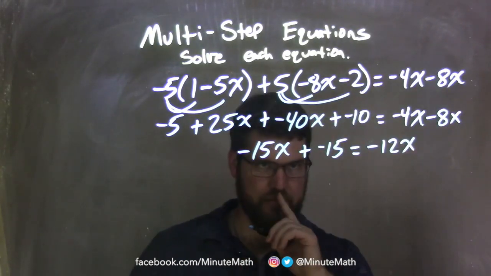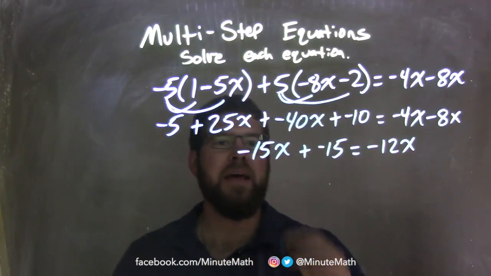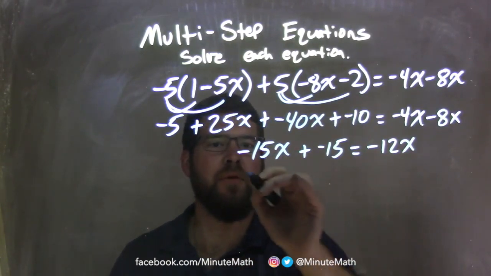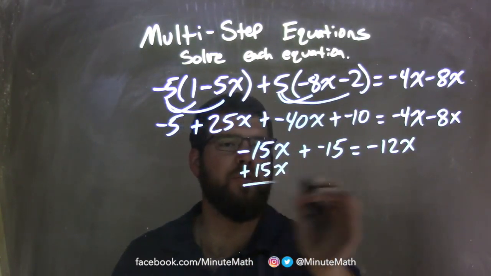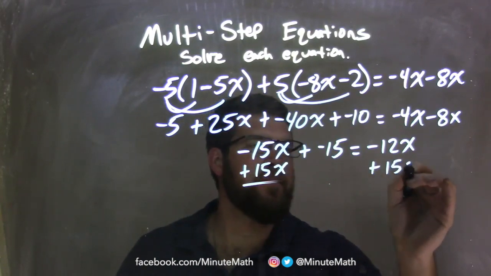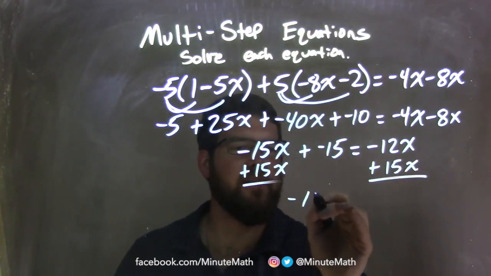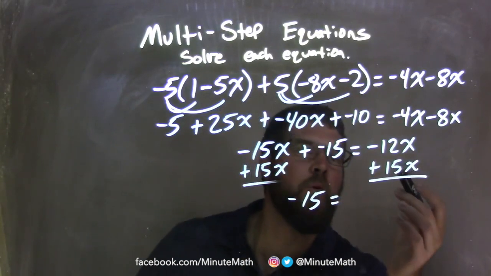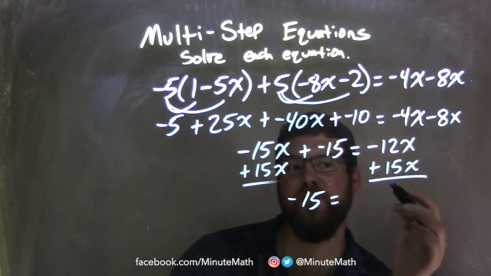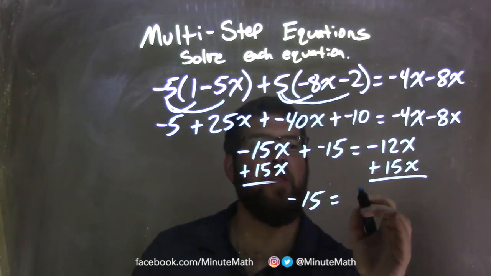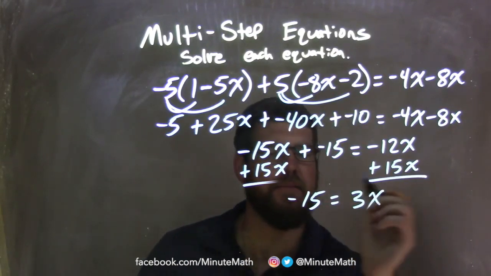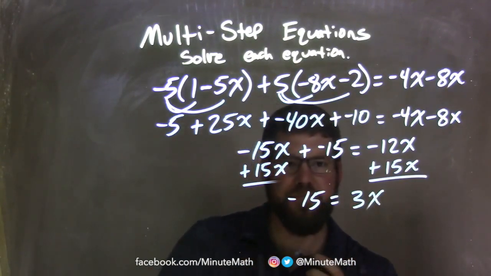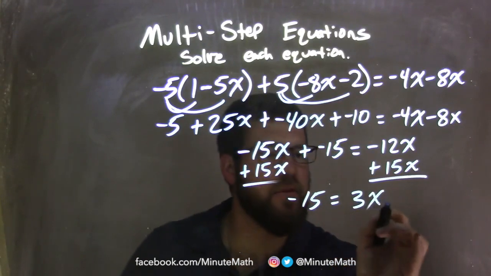All these negatives. So what I'm going to do is add 15x to both sides. All right, let's bring our x's together. That leaves me with a negative 15 here on the left. And on the right, negative 12x plus 15x is just a positive 3x. Okay? So I have negative 15 equals 3x.